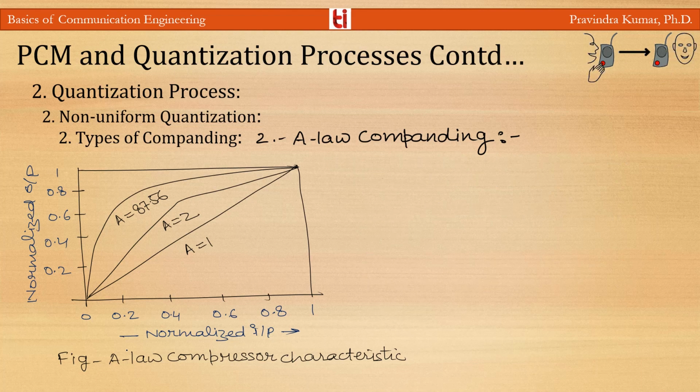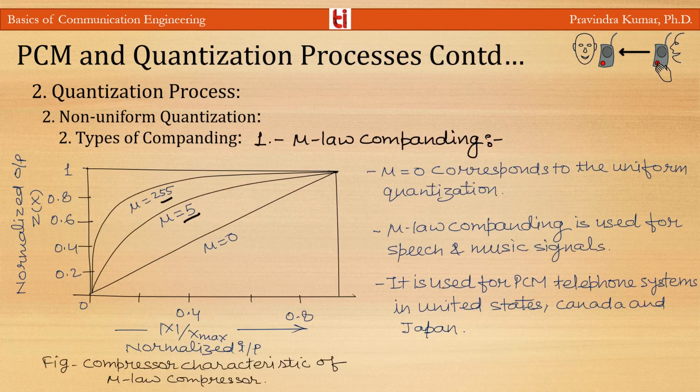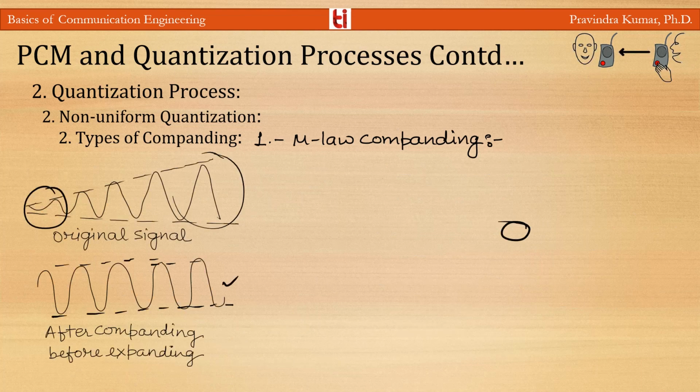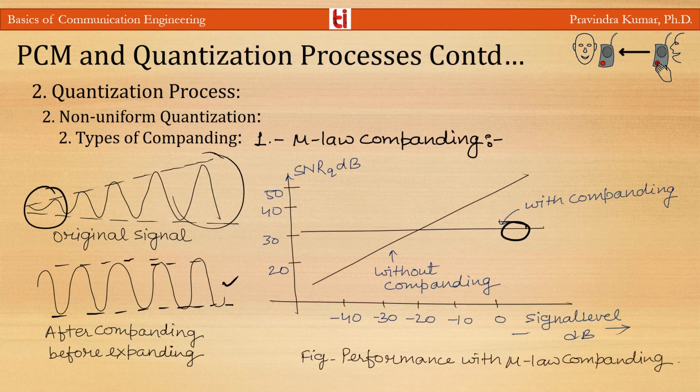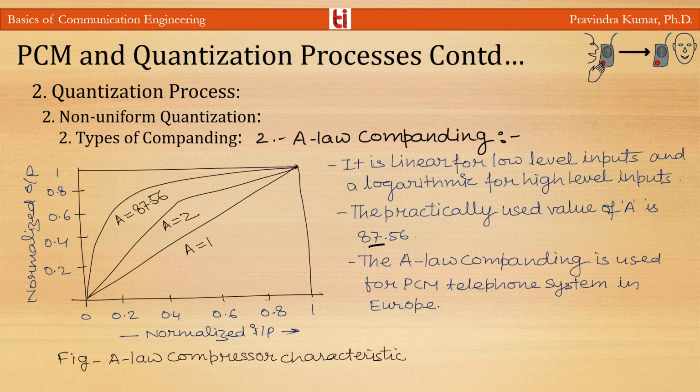In Mu-law companding, the value that is used for the telephone system in United States and Canada is approximately 255. And A-law companding is used in the telephone system in Europe, and its value is 87.56.